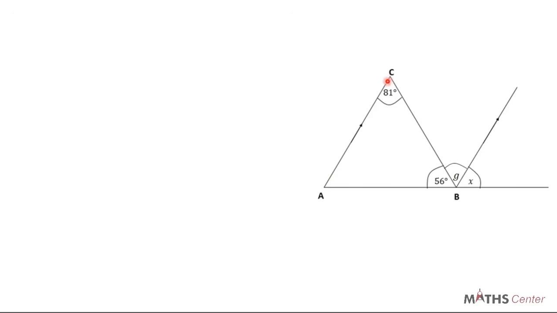It goes this way, comes this way, then this way. So G and 81 degrees are alternate angles. What do we know about alternate angles? Alternate angles are equal. So what that means is that G is also equal to 81 degrees.